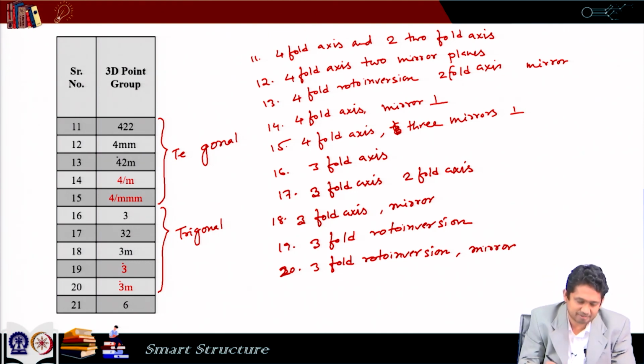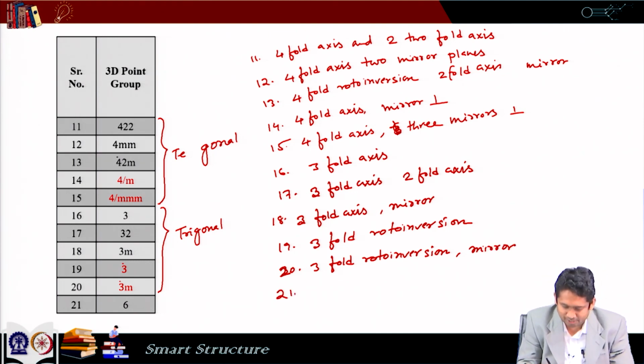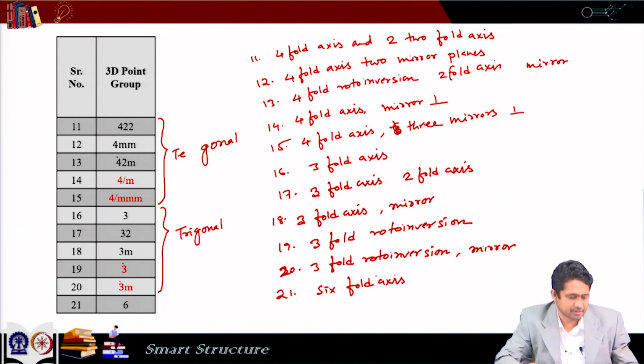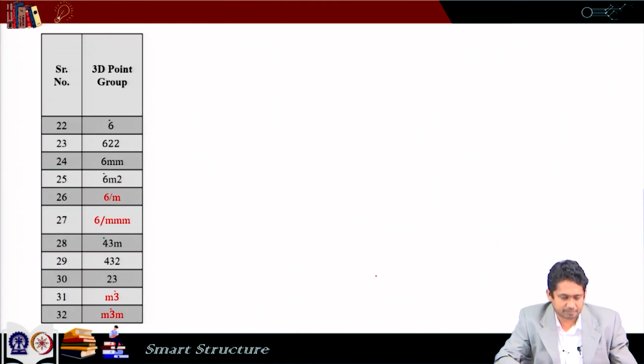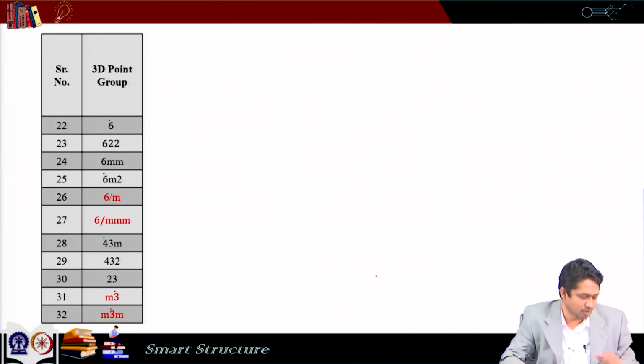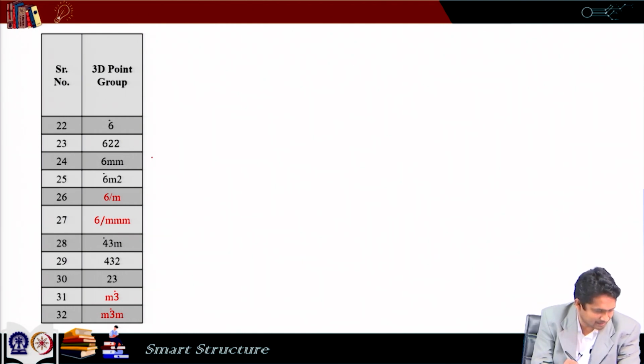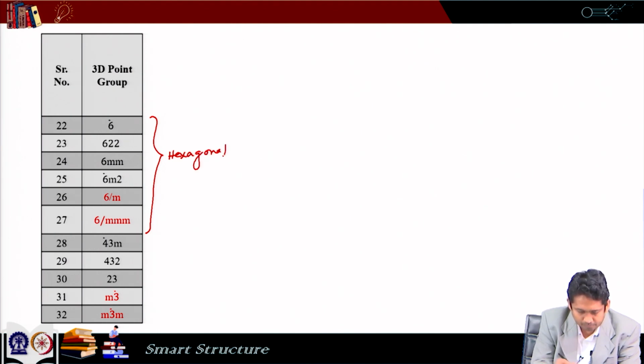This mirror is diagonally placed, and then we have a 6-fold axis. Now, if we look at the last 6, then these are all hexagonal, and these are all cubic.